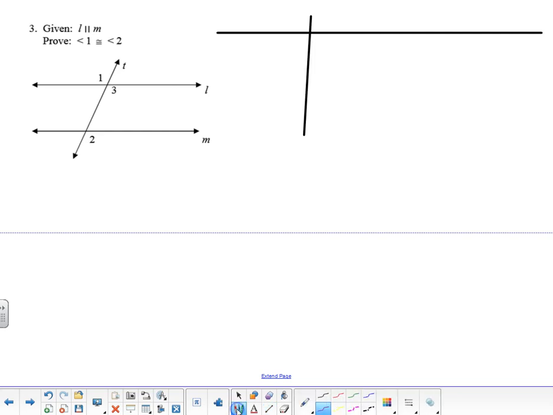In number 3, with statements and reasons, we're trying to prove that angle 1 is congruent to angle 2. One of the reasons that we said the other day is that alternate exterior angles are congruent, and you could go there, but I'm going to show you another way of getting there.